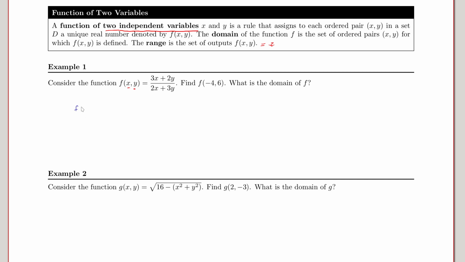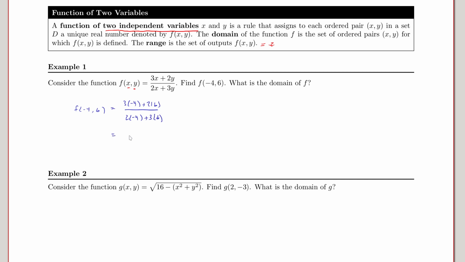So f(-4, 6) would be 3 times the x value. So we're just plugging the x values where they go, the y values where they go. So 3 times negative 4 plus 2 times 6 over 2 times the x value, negative 4, plus 3 times the y value, 6.